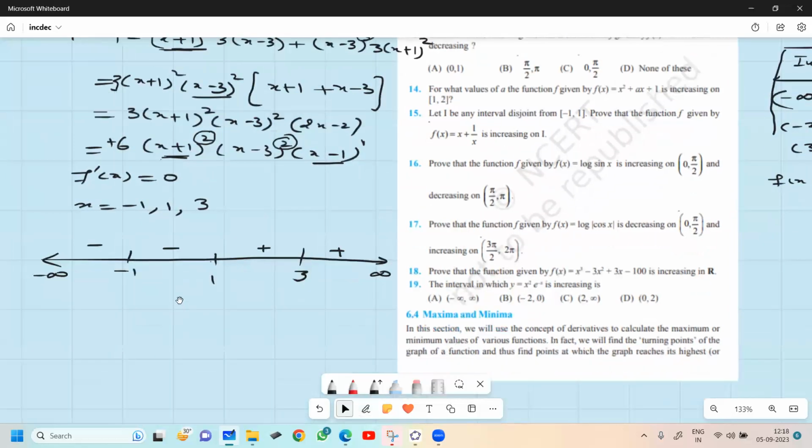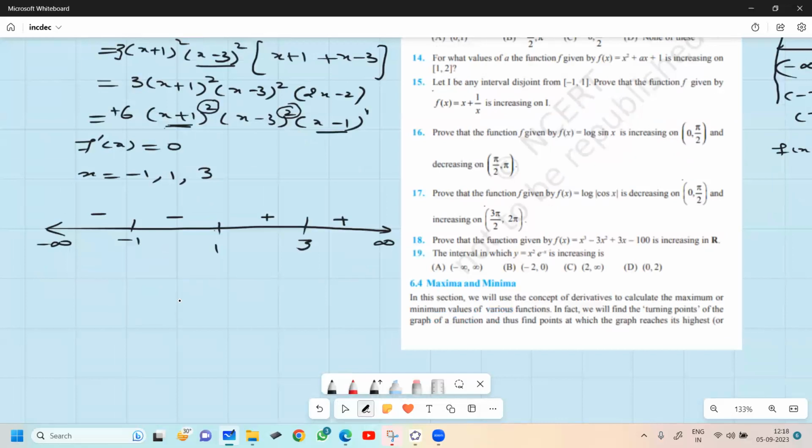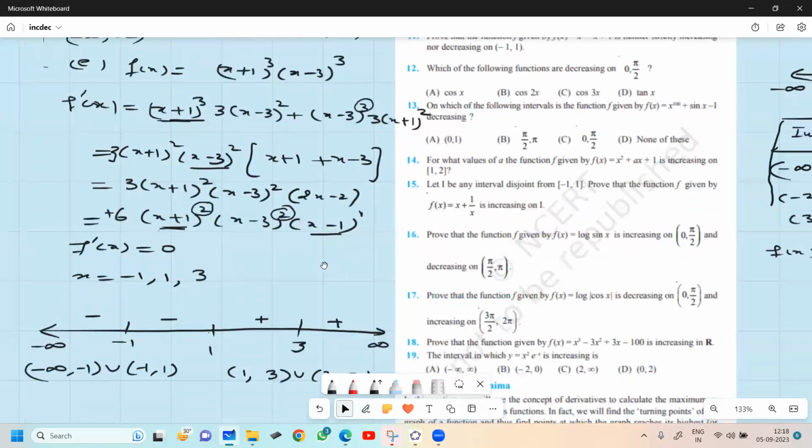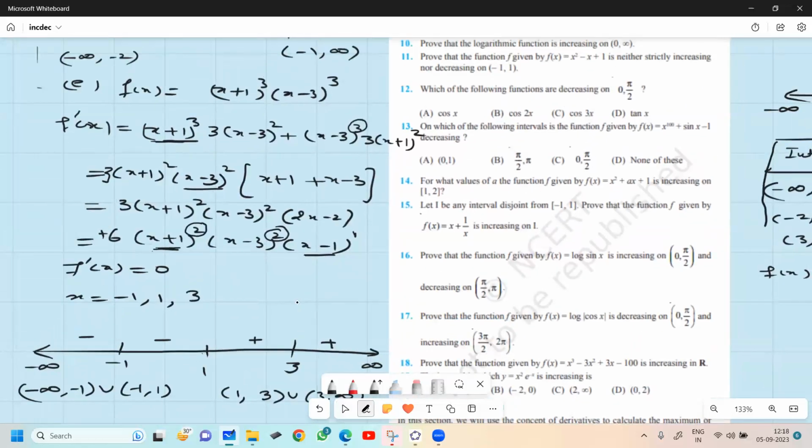So the function is strictly decreasing in the interval minus infinity to minus 1 union minus 1 to 1 and increasing in the interval 1 to 3 union 3 to infinity. Clear? Is this clear? Don't simplify the things over here by opening or something. Don't multiply them. Just take common square and then you will get the zeros very easily.